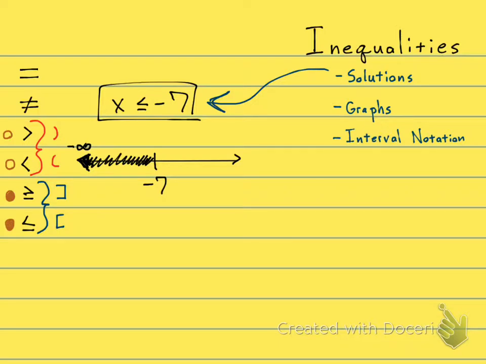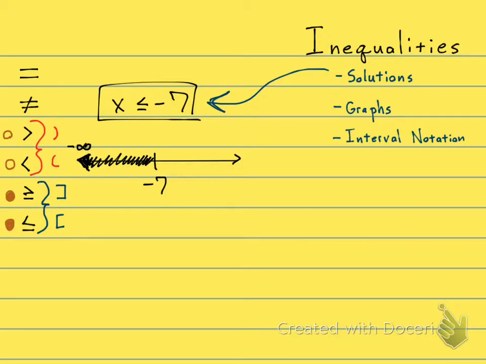Here's the quick way to remember it. If you see a line, then your symbol is going to be made up of lines. See the line, lines. And if you don't see a line, then it's going to be no line.